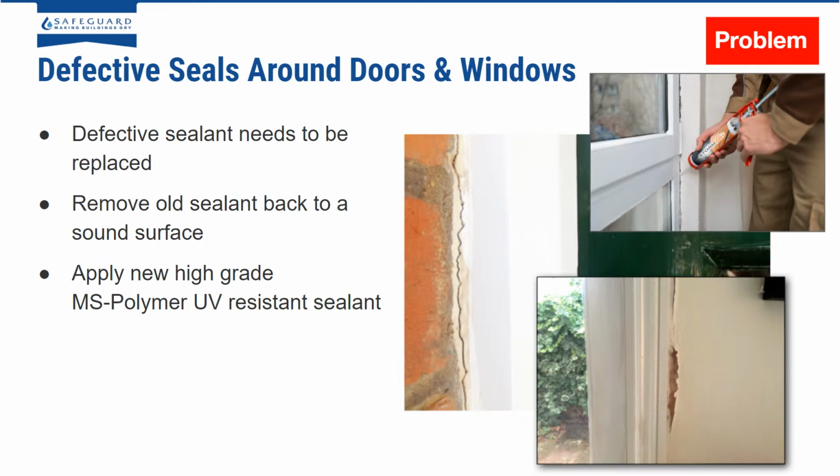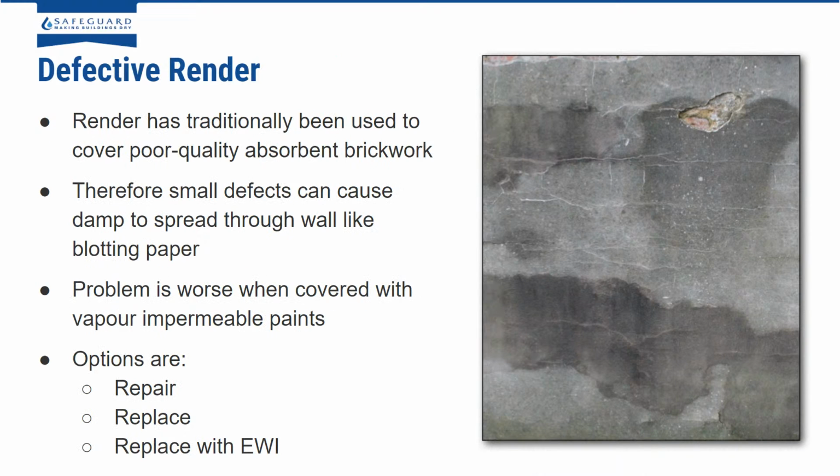Brilliant, thanks. Okay. So now we're moving on to quite a common issue for rain penetration, which is defective render. Render has traditionally been used as a way of covering up poor quality absorbent brickwork. Quite a lot of Victorian properties were built with underfired bricks, and because of that they effectively absorb moisture very happily.